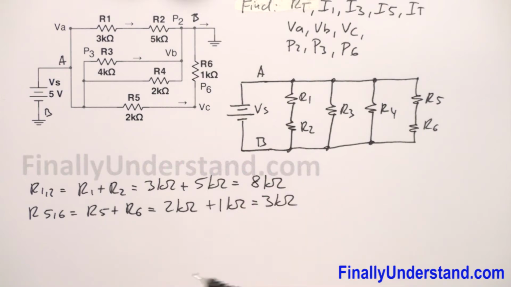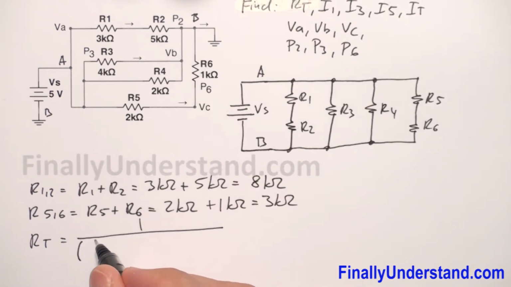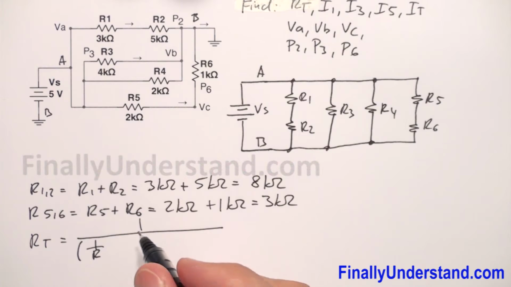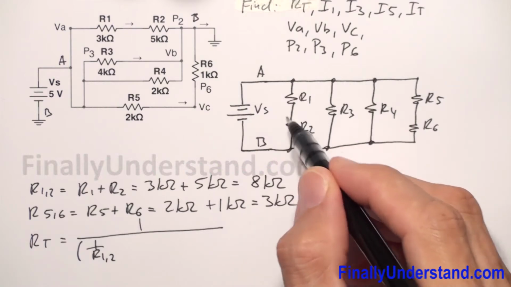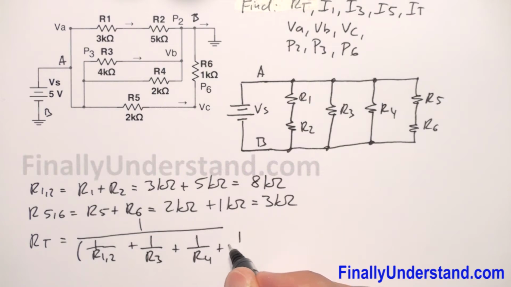Next, in order to find total resistance, I'm going to use the formula R total is equal 1 divided by open parenthesis 1 over R12, which means these two resistors together, plus 1 over R3 plus 1 over R4 plus 1 over R56.